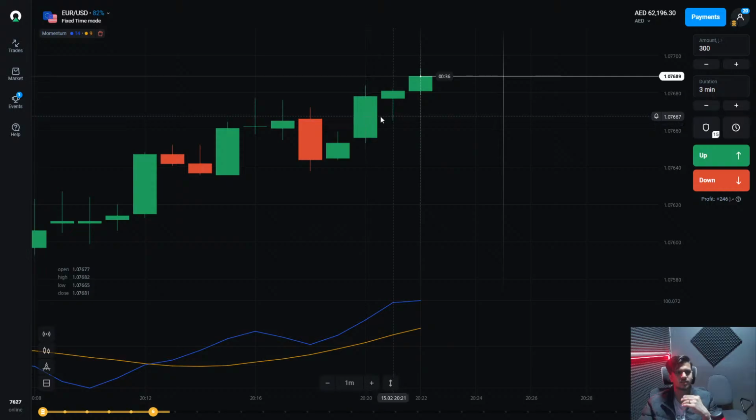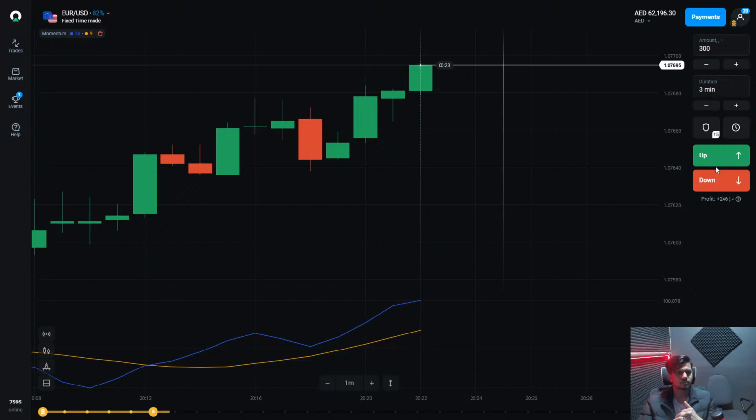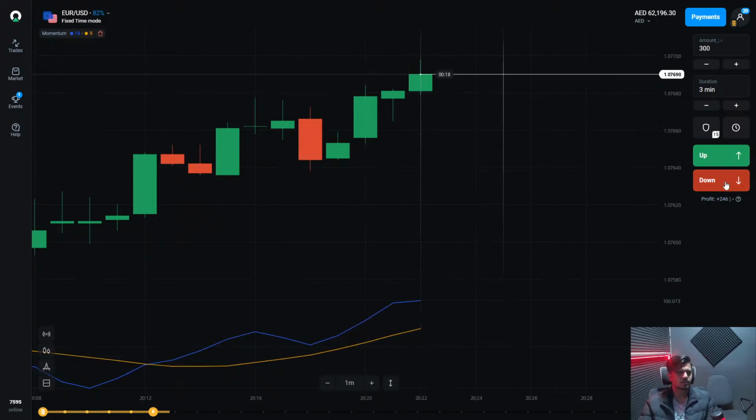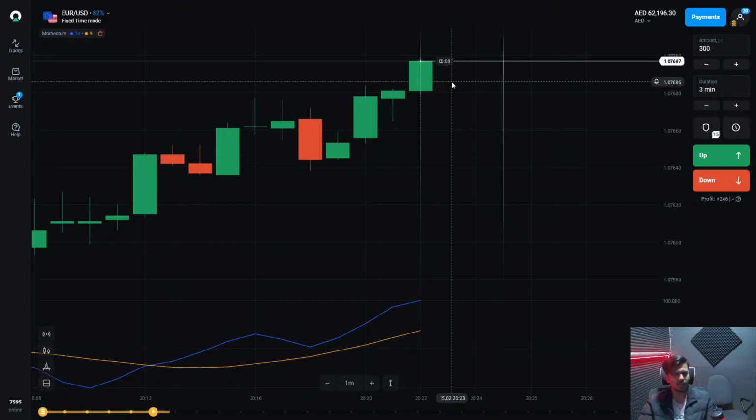So guys, here this is moving in the upward direction. Also soon it will come back to the downward, I can see. I'm just waiting for 12 seconds and it will form a new direction, a new Japanese candlestick.